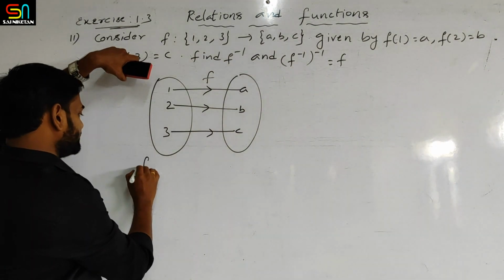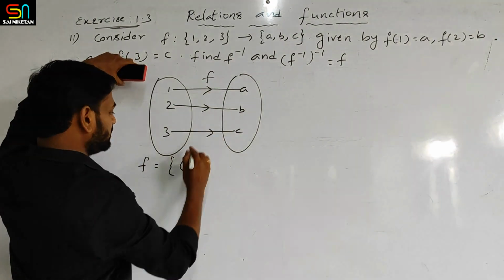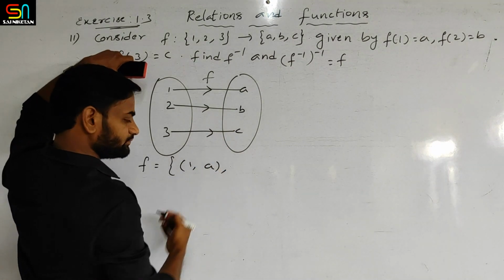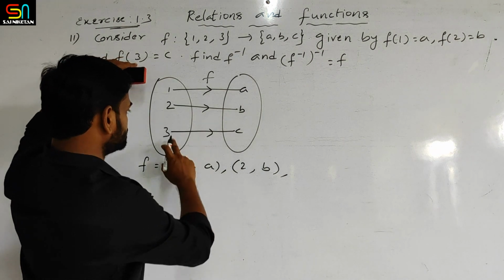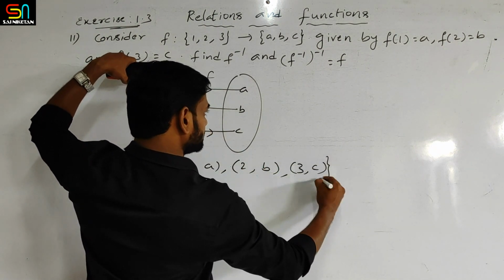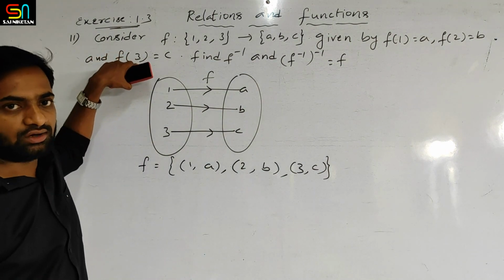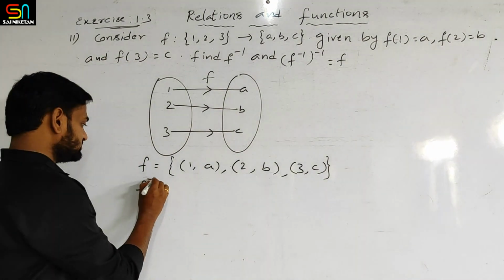Now you can write f as the ordered pairs (1, a), (2, b), (3, c). This is the ordered pairs and it is f. Now what is f inverse?